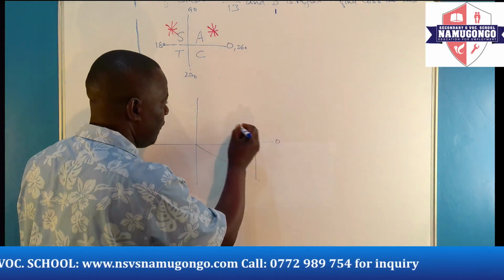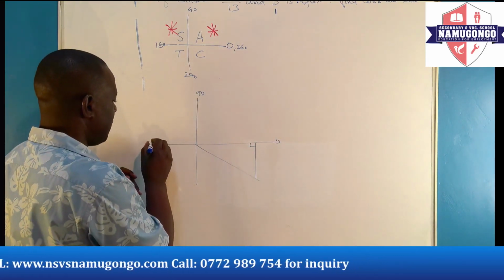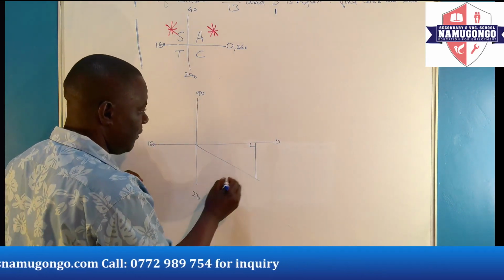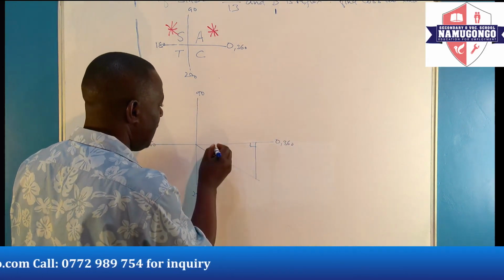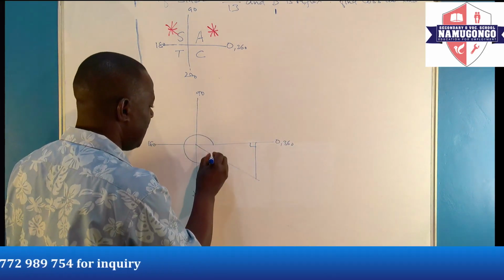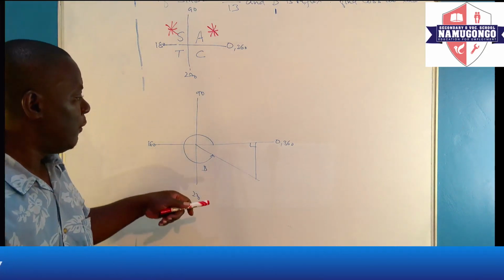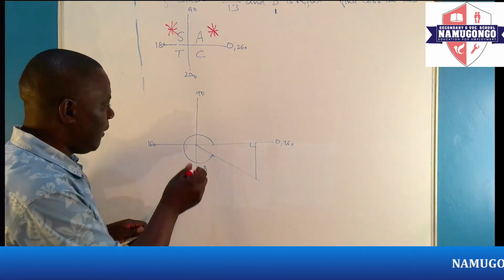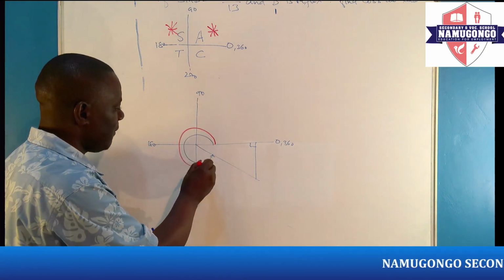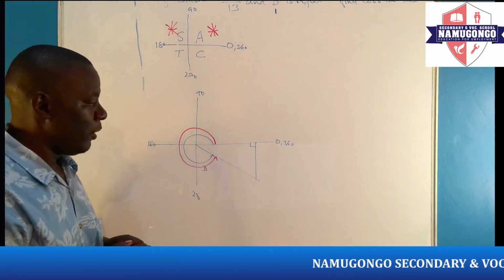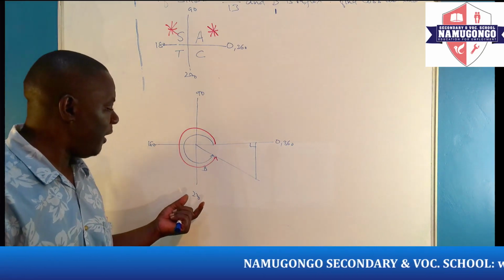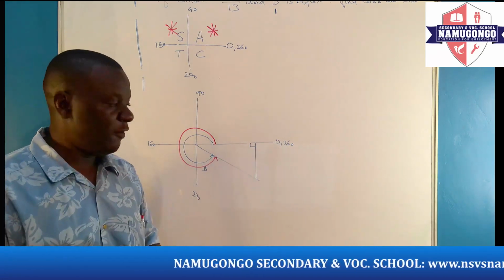This is your 0, this is your 90, this is 180, 270, and 360. Now, the whole of this is the angle of interest. We are looking at an angle that is lying between 270 and 360.